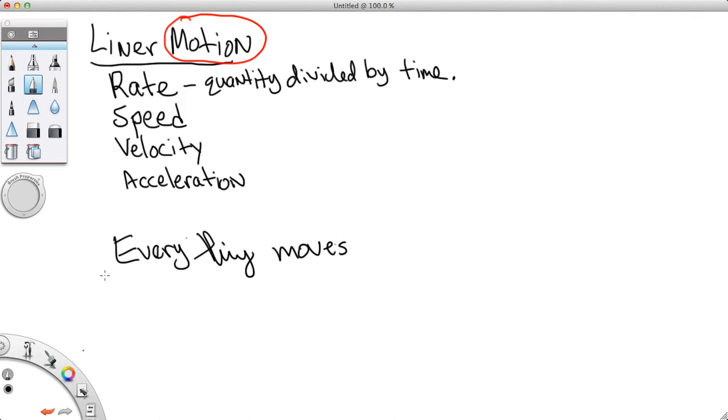Getting back to speed, speed is a measure of how fast something is moving.